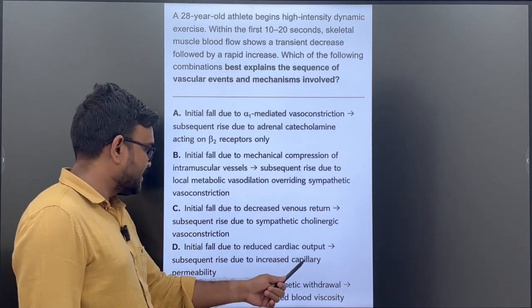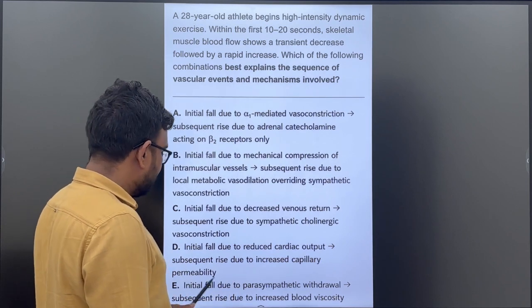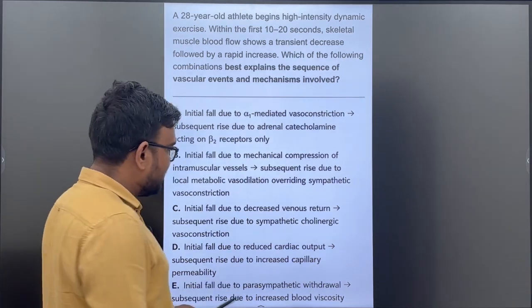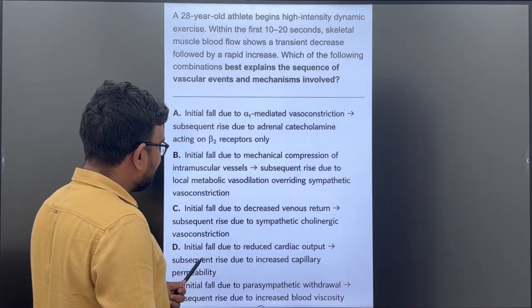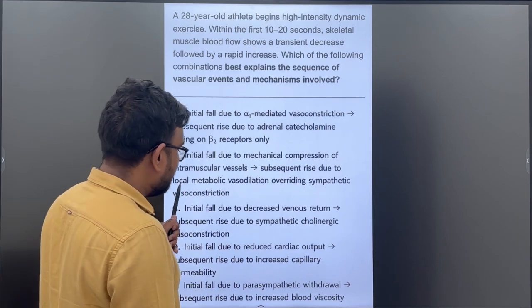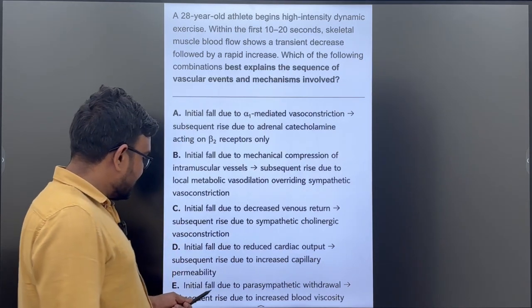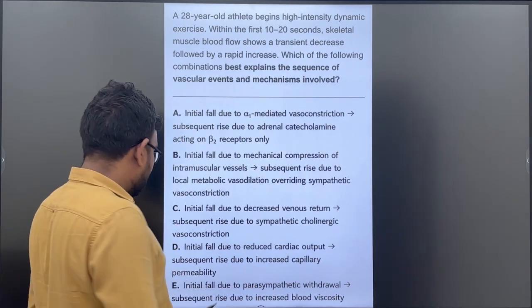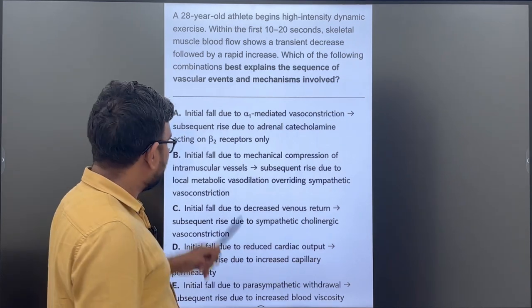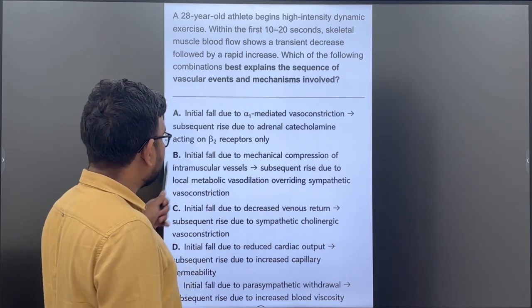Subsequent rise due to increased capillary permeability, no. Subsequent rise is due to increased local metabolites and sympathetic cholinergic activity, through beta 2 receptors and also humoral and neural factors. Option E: initial fall due to parasympathetic withdrawal, no. Subsequent rise due to increased blood viscosity, no. So here the correct answer is option B.